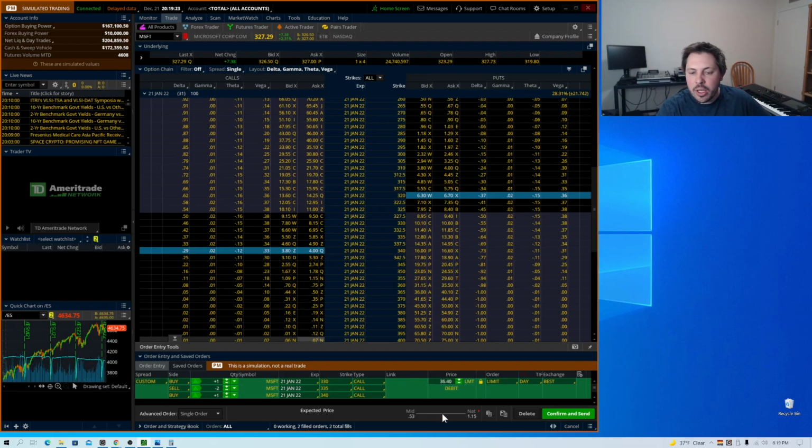Now, long call butterfly, long put butterfly are always going to be debit spreads. Okay? And when we think about the risk on these butterflies, it's always going to be the width of the spread, right?